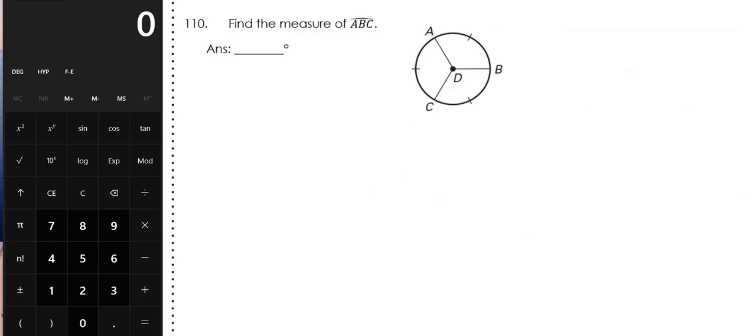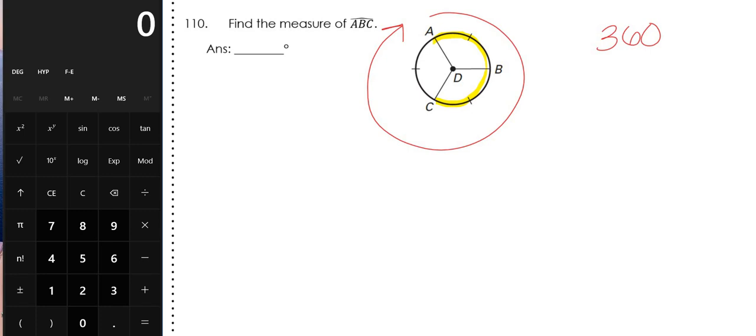Number 110. Find the measure of arc ABC. Okay, I'm going to highlight which part of the arc they're talking about, from A to B to C. One thing I should note is that all 3 of these arcs, AB, BC, and AC, are all congruent. And I know that all of the arcs together, the entire outline of the circle, equals 360.